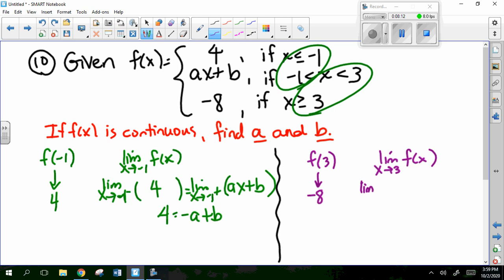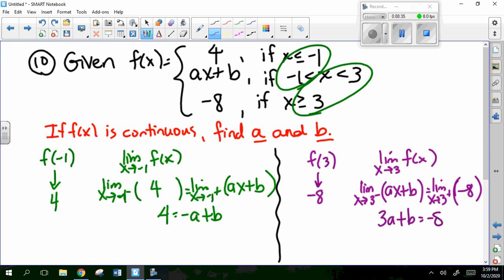So then I need to check the limit as x approaches 3 from the left and show that it is in fact equal to the limit as x approaches 3 from the right. So when I check the left, I have to use the middle line. When I check the right, I have to use the bottom line. And now when I take the limit, I get 3a plus b equals -8. And by itself, that doesn't help me find a or b either.